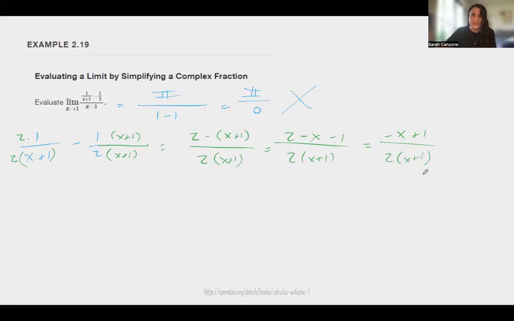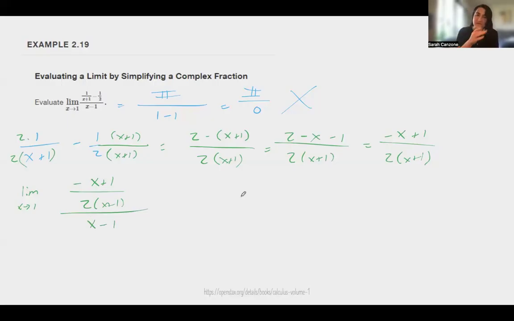And that's our numerator. So I'm going to go ahead and plug that back into the numerator, except in this form, and I will rewrite the limit. So this is now the limit as x approaches 1 of minus x plus 1 over 2 times x plus 1, all over x minus 1.